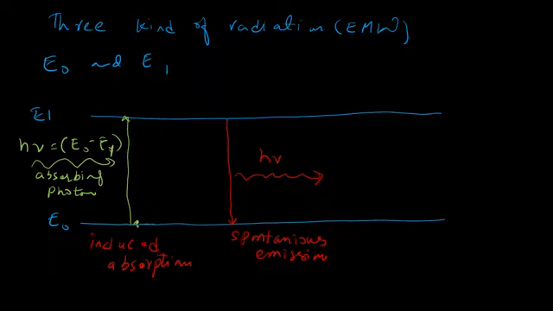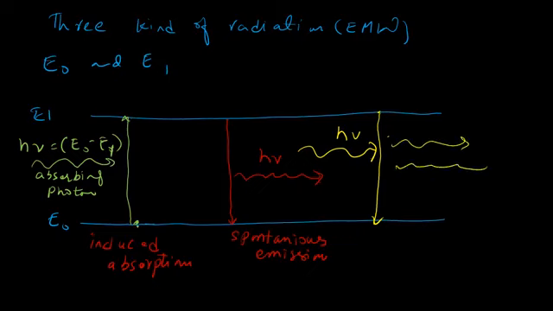And thirdly, there is another process, for example, when the atom is in the excited state, then it comes down to its lower energy state by absorbing a photon. So when the atom absorbs the photon of energy h mu in the excited state, it comes down to its lower energy state by emitting another photon.